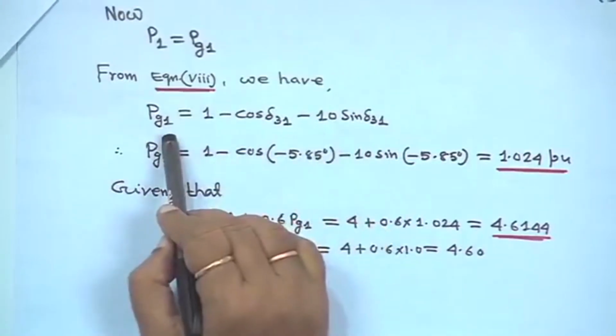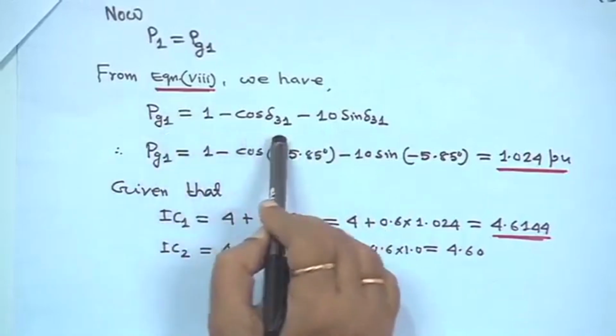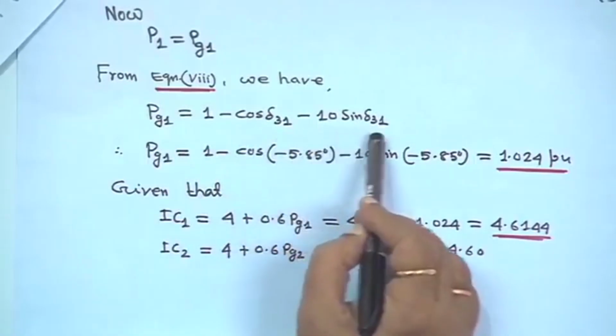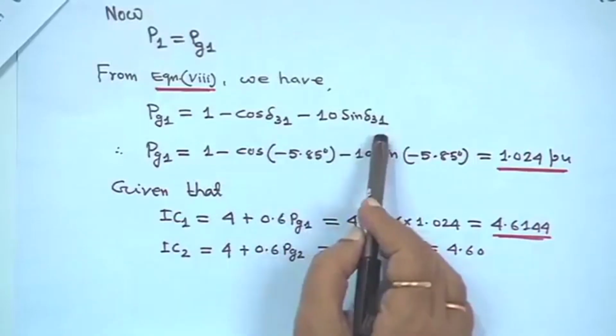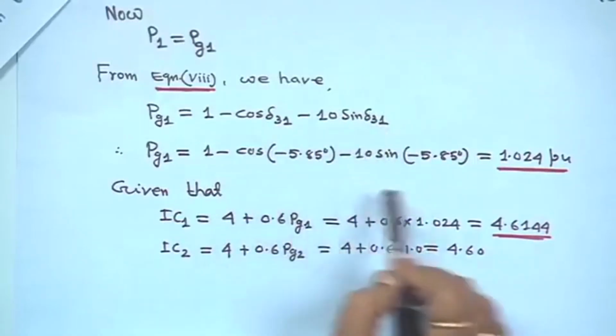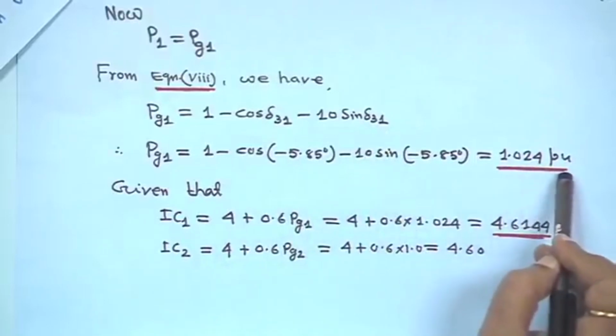So, Pg1 is equal to 1 minus cos δ31 minus 10 sin δ31. After putting the δ31 value, we are getting Pg1 as 1.024 per unit, right.